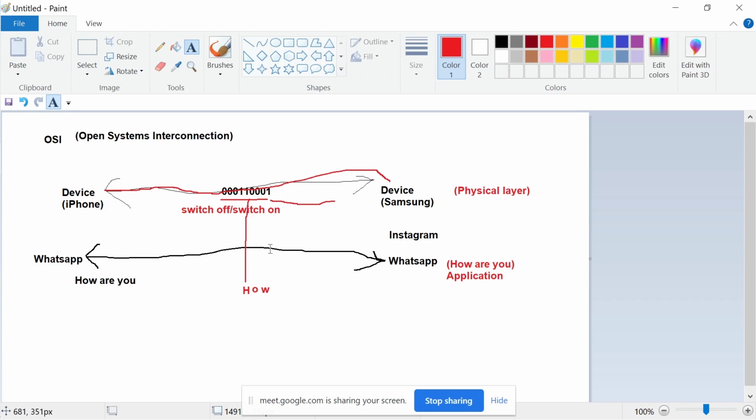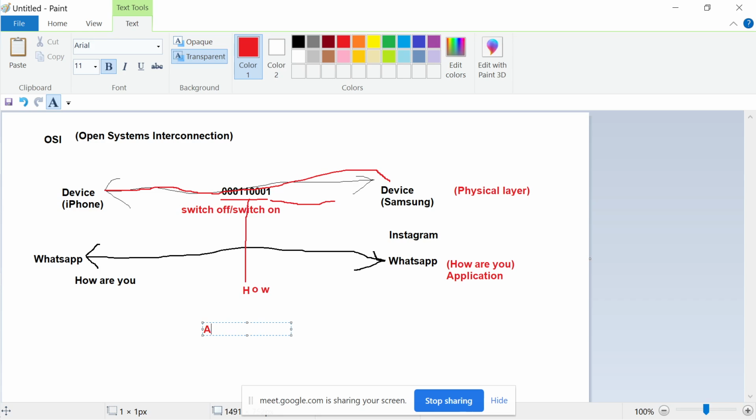So in this format, I think ASCII is a 7-bit format, and the standard has already been set.